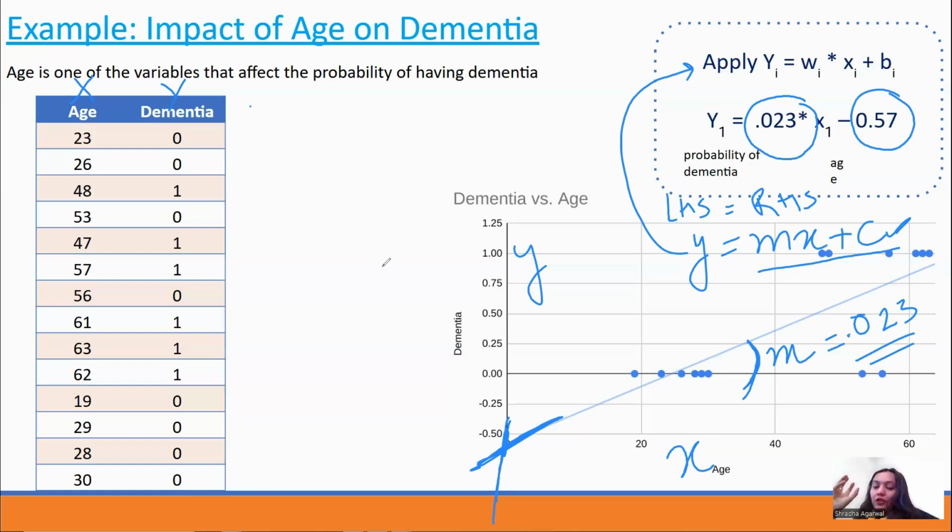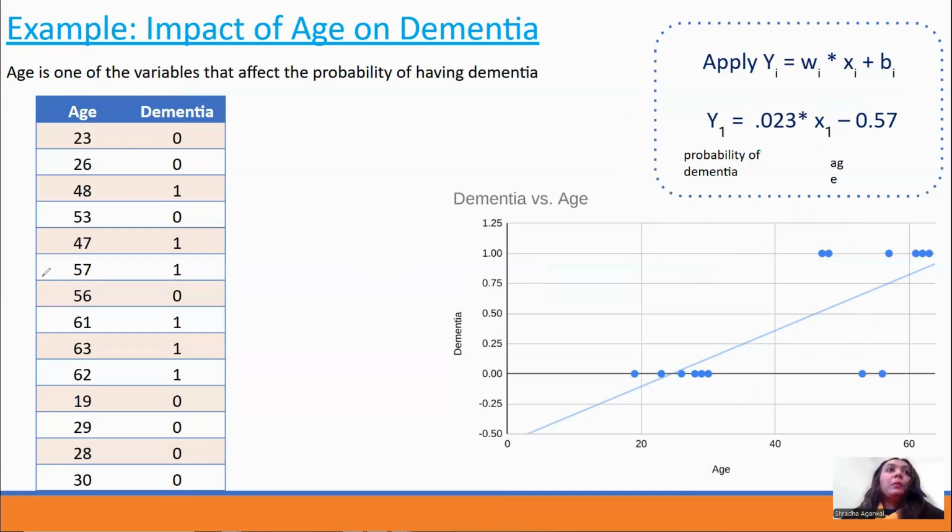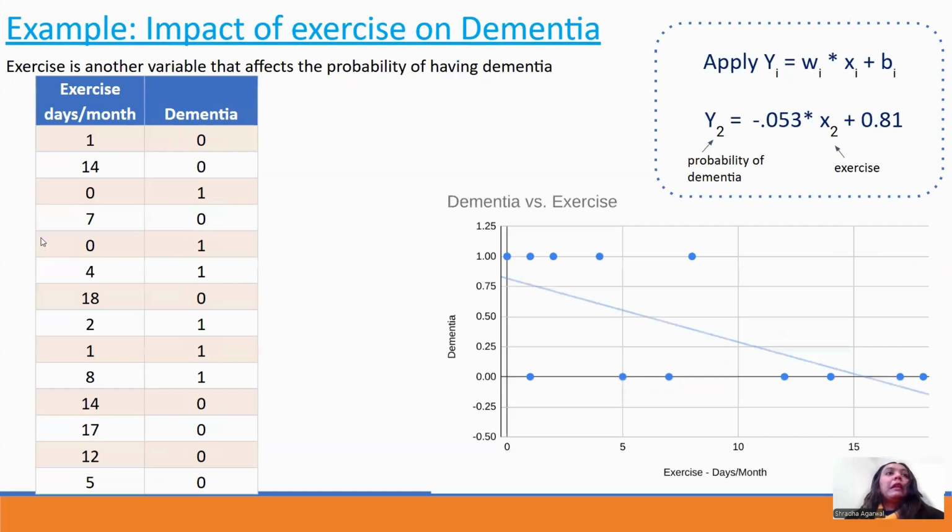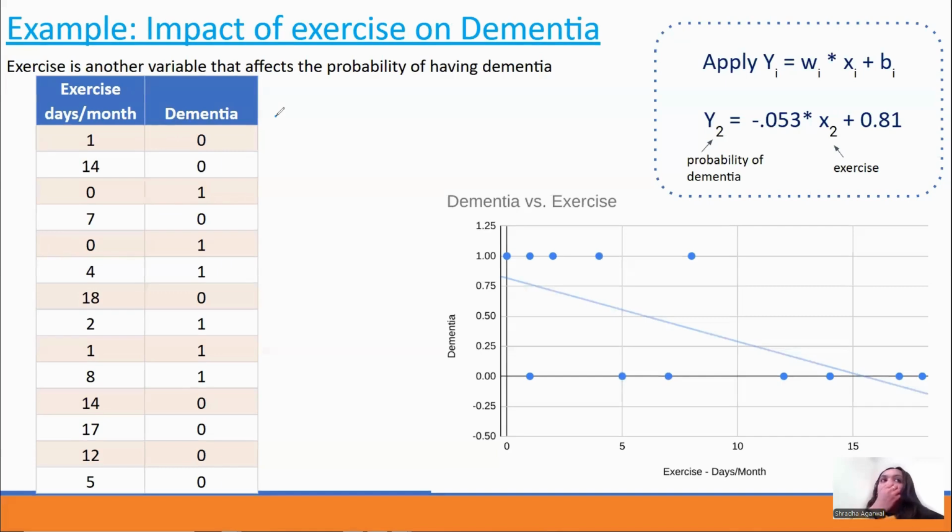Now, we understood from this curve that your final dementia depends on the age, and the weight that we have is 0.023. Okay. Now, we also had two other parameters: exercise days per month and dementia. I did exactly the same thing. I went on the Excel sheet, plotted my Y versus X, and got a relationship here. This was my m, or I can also say this is my weight.